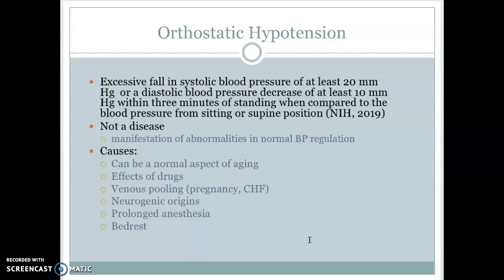There may be neurological reasons for this. If someone's been on anesthesia or on bed rest, all of these things can cause this to happen. And so, in essence, we as physical therapists are trying to get our patients up, move them, have them be active.